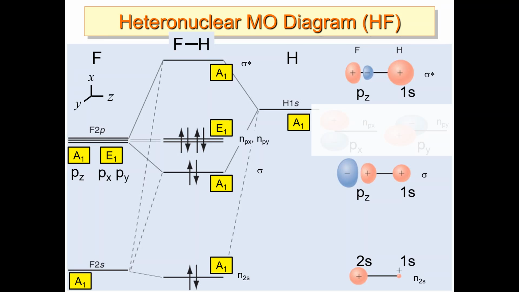So the non-bonding PX and the non-bonding PY. There's no interaction with the hydrogen, so it's just the PX and the PY orbitals on the fluorine. So this is a heteronuclear MO diagram of a hydrogen 1s interacting with a second row element, fluorine.